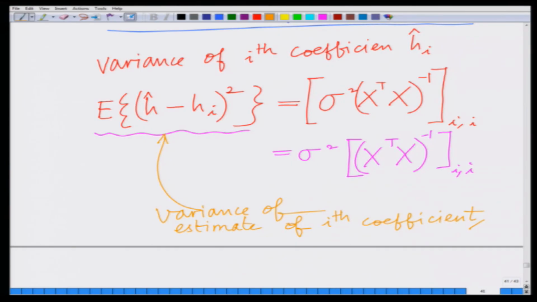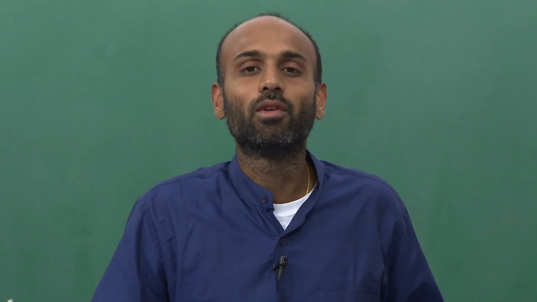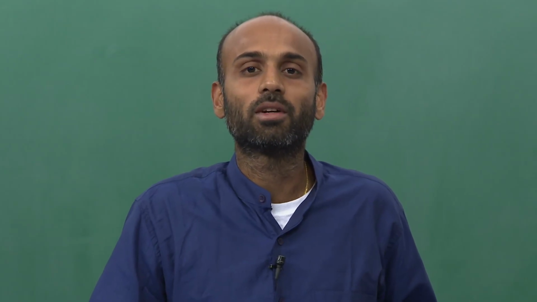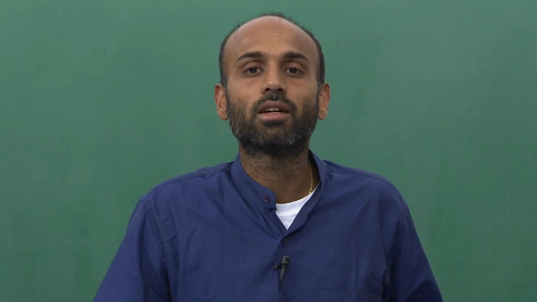All right. So, what we have seen in this module is the least squares or maximum likelihood estimate h hat, which is equal to x transpose x inverse times x transpose y bar, and we have explored the properties of this vector estimate. Unlike the scalar estimates considered previously, this is an estimate of a vector parameter.